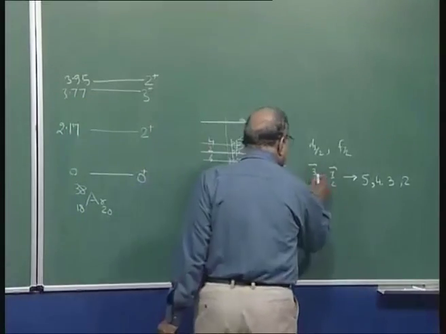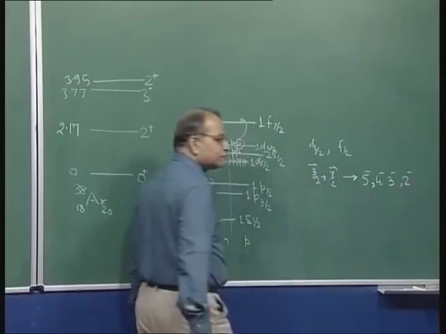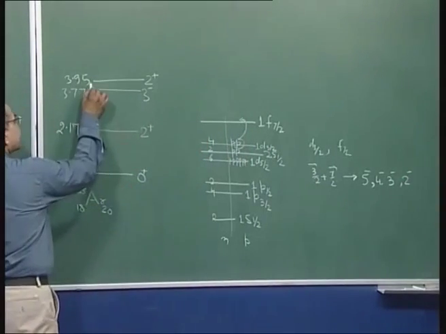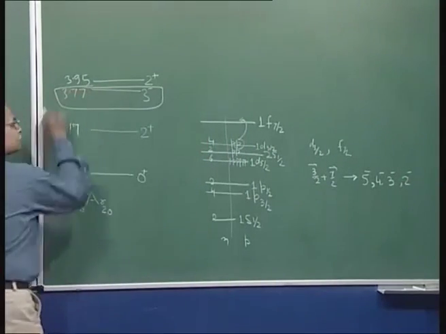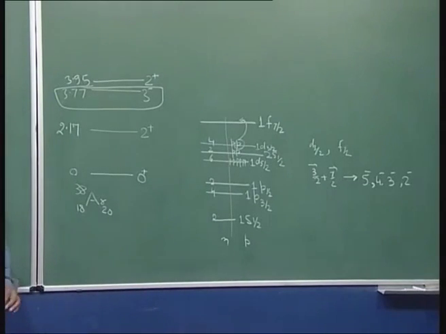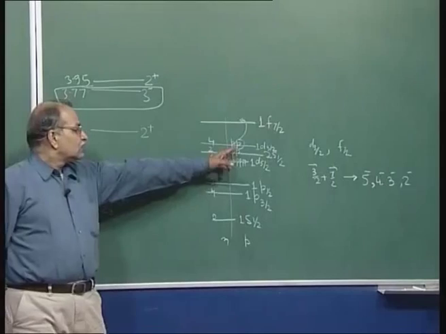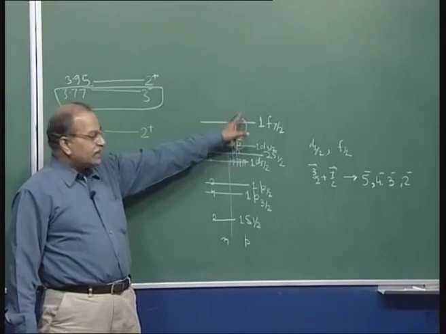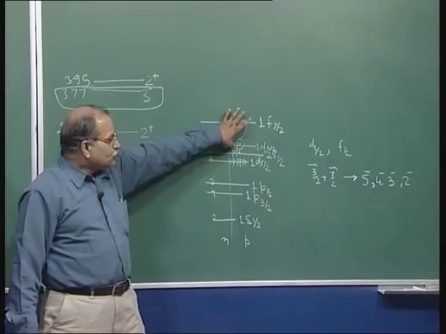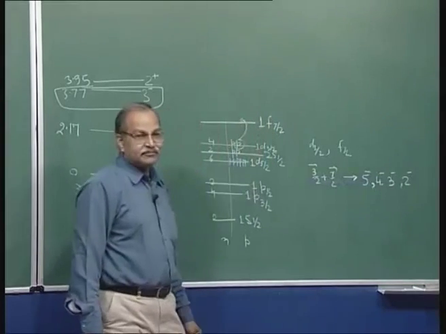So, this can give this. Probably I understand how this is coming. This 3 minus level can come if this proton goes from this point to this point and they combine to give this 3 minus, right.